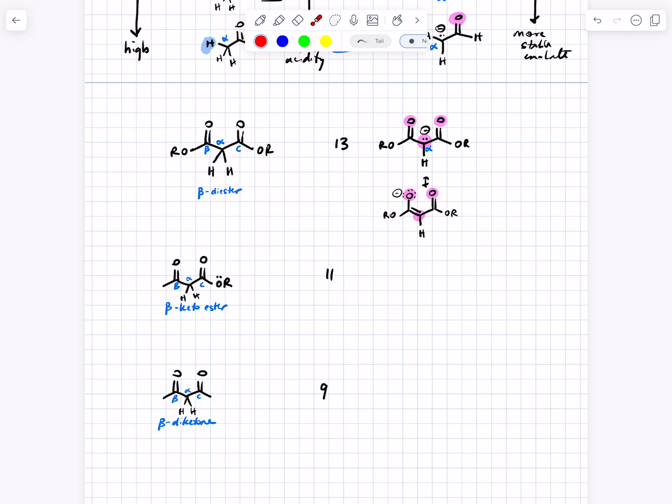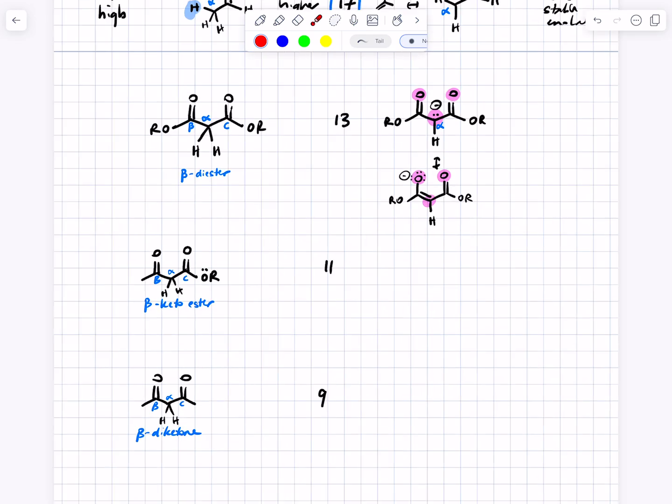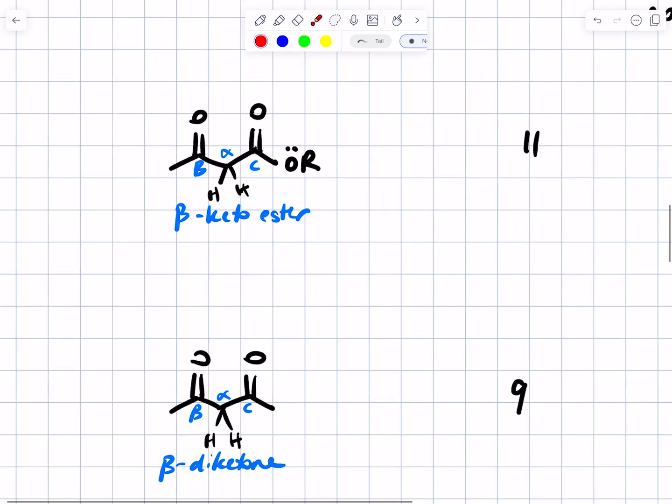Okay, anything more you want to say about any of that? Yeah, go ahead. If we were looking at one of the other alpha carbons there, either on the left or the right, would that just be similar to a ketone? Right, some of these have other alpha carbons.